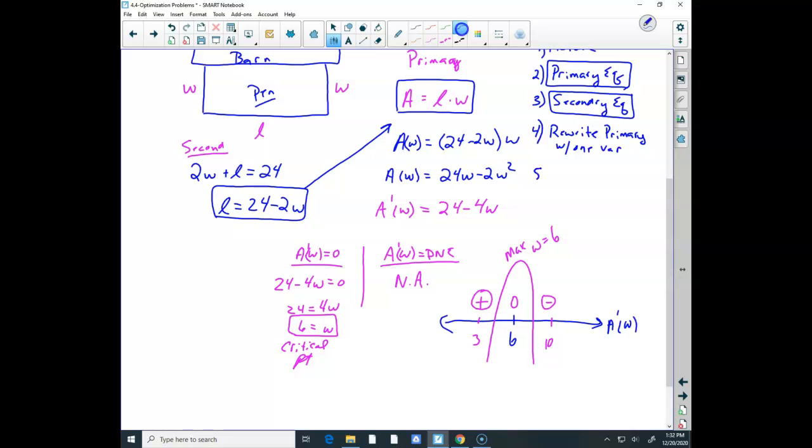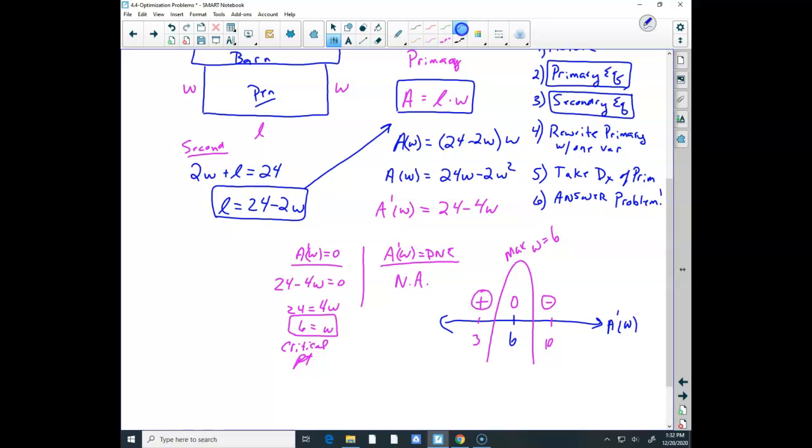Then after that, I'm going to take the derivative of primary and find the maximum or minimum. And then the last thing I want to make sure I do is answer the problem. Okay, I'm going to answer the problem.